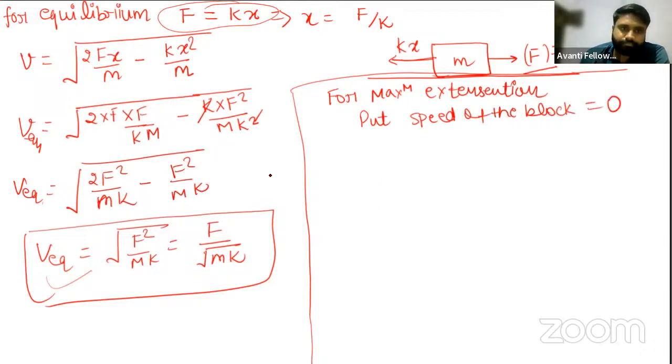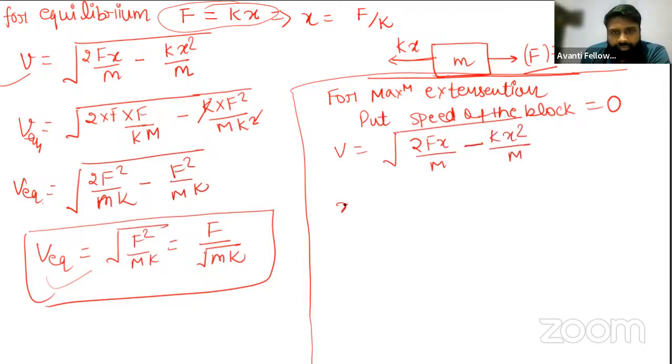So if we put the speed, which is v equals square root of 2Fx by m minus kx square by m. When x becomes x max, the maximum extension, then v will become 0. So put v equals 0.